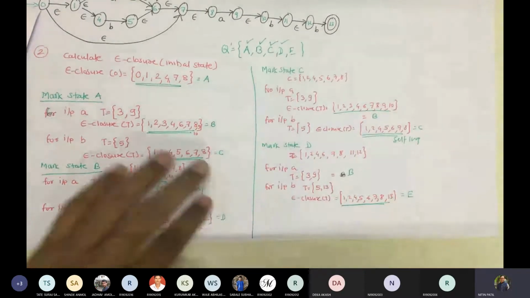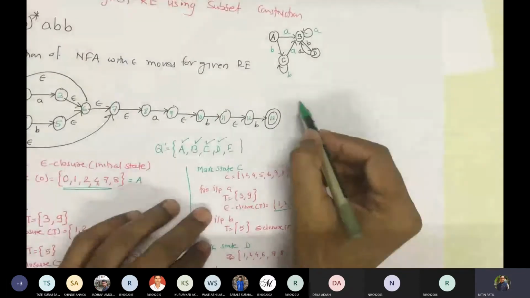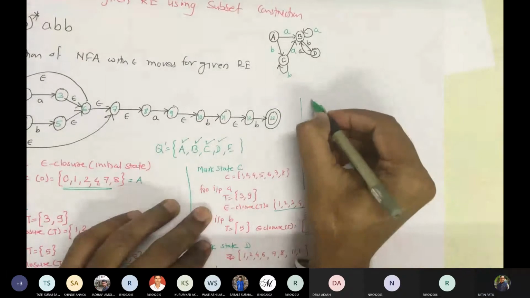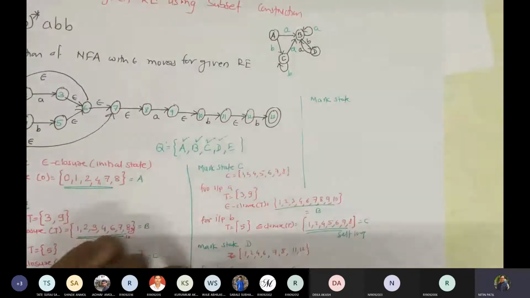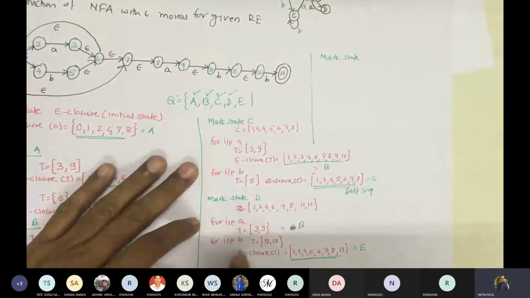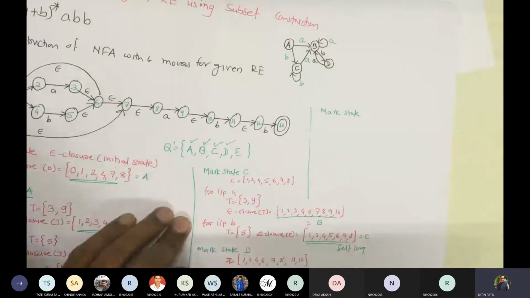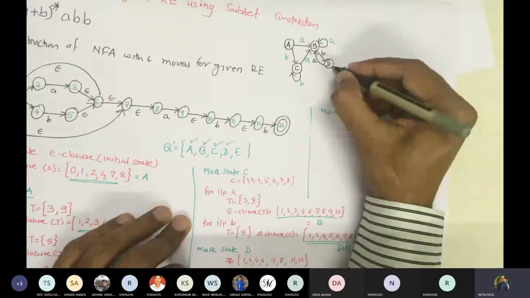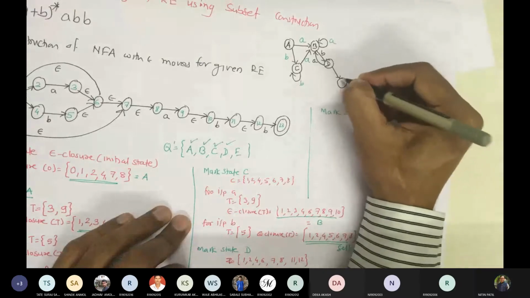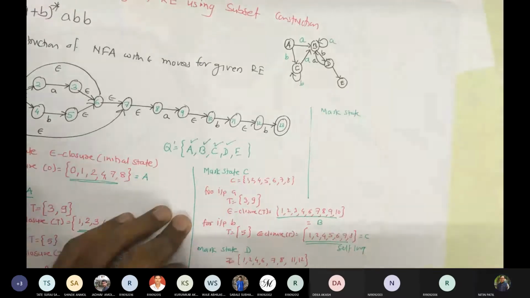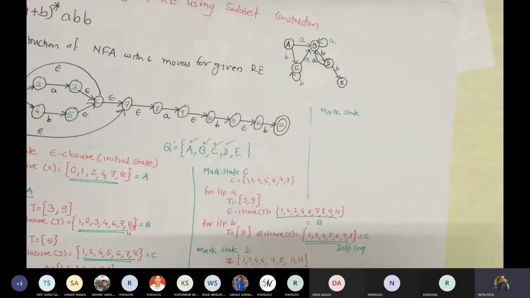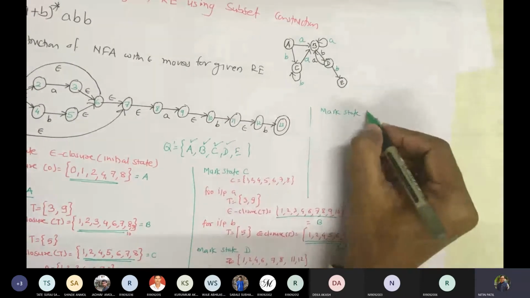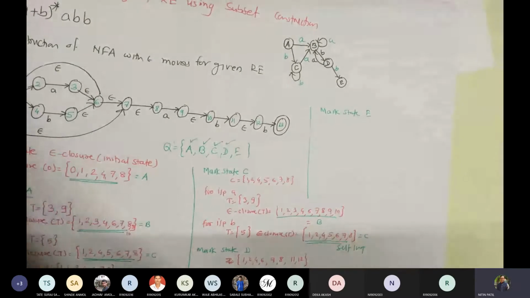Okay. Now we have to work with the remaining state. State D is done, for A and B. Correct. So for B, this is E, with input B. Fine. Now we have to mark state E. What is E?